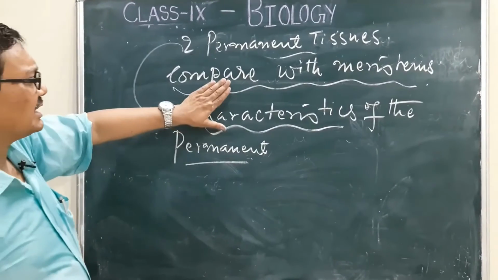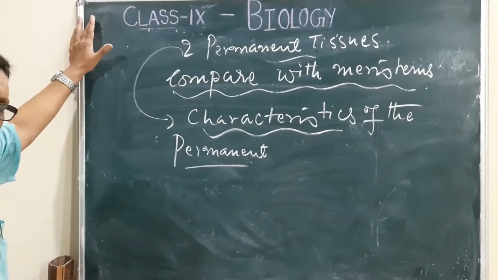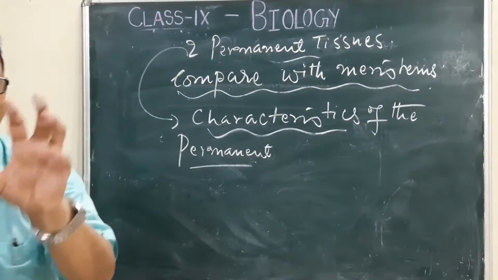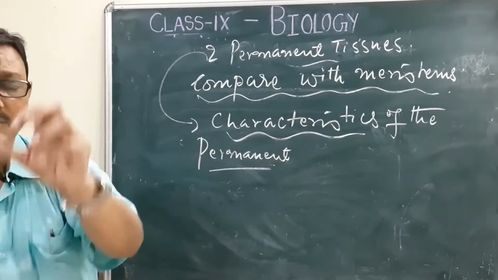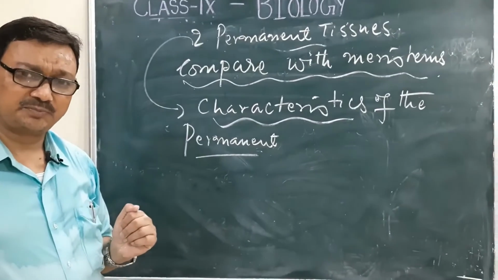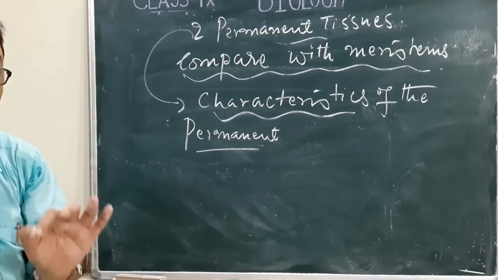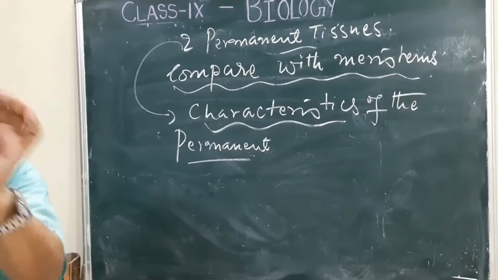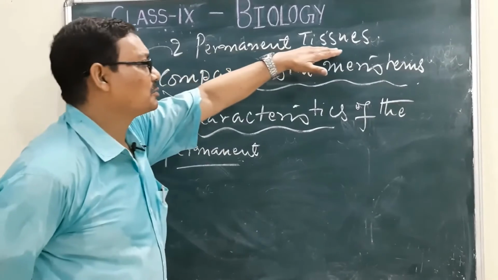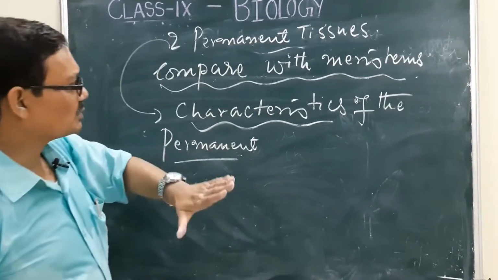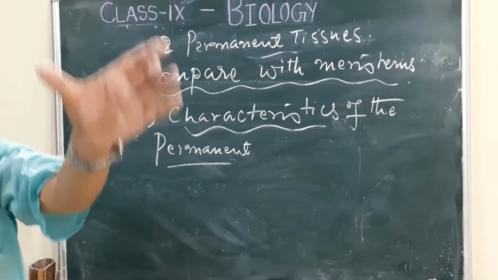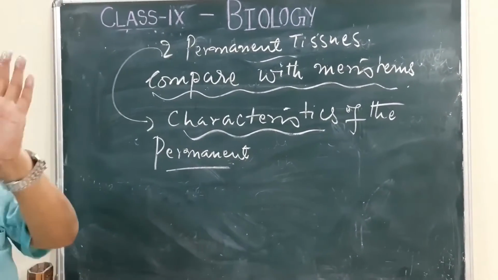That is what you do when you compare. Like you have seen in the case of the meristems, there is dense cytoplasm, there is a prominent nucleus, there is absence of vacuoles, there are no intercellular spaces. Similarly here, if you pick up those points one by one and try to write them and compare with the permanent tissue, then you will get the complete characteristic features of the permanent tissue.